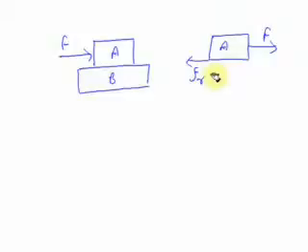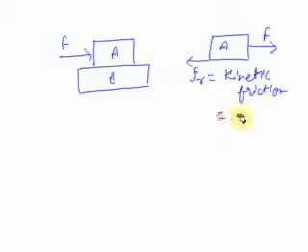Now since in this case block A is moving with respect to block B, we call the friction force which is acting on block A kinetic friction, and its value is equal to mu k into N, where N is the normal force acting on block A, and mu k is the coefficient of kinetic friction.